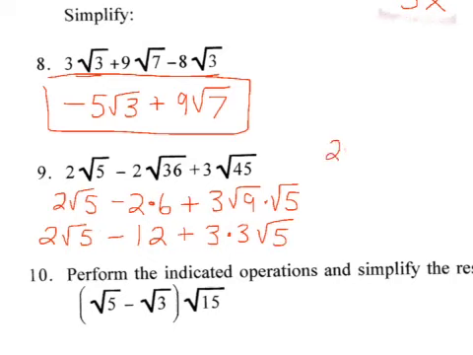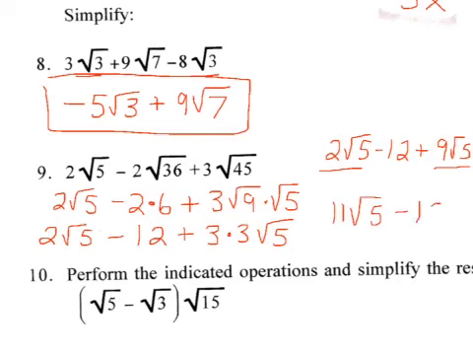So we have 2 root 5 minus 12 plus 3 times 3 is 9, 9 root 5. And look, we have 2 people with the same last name, so we can add them together. So our final answer is 11 root 5 minus 12.